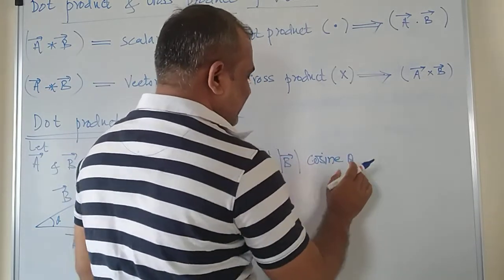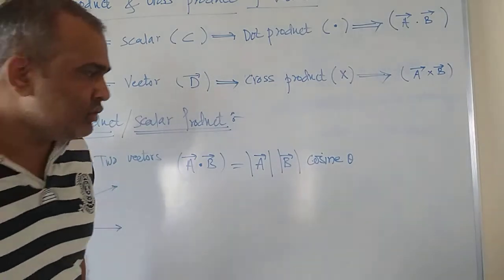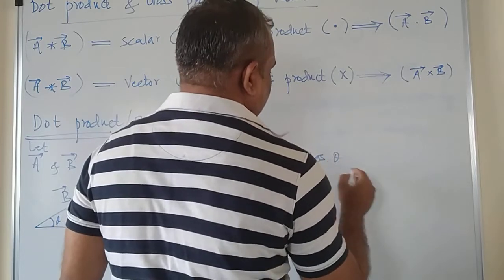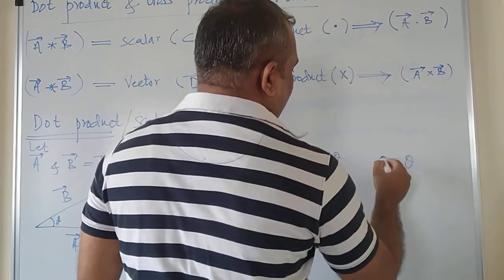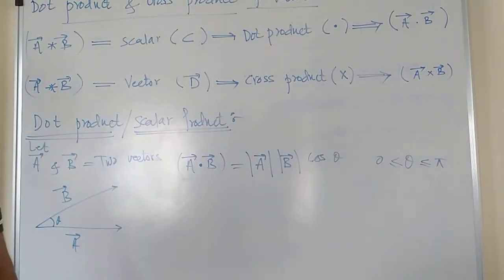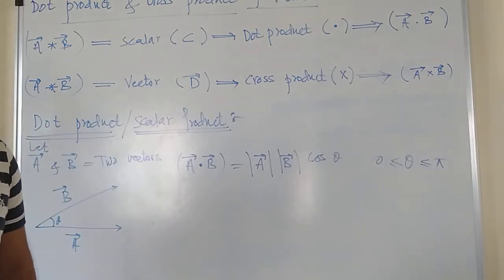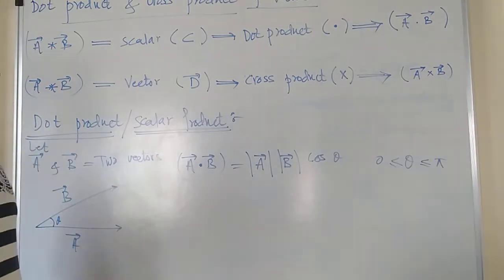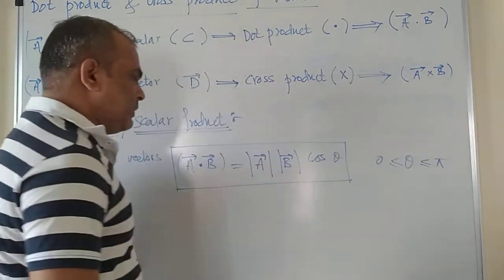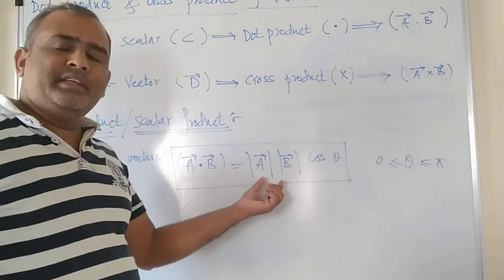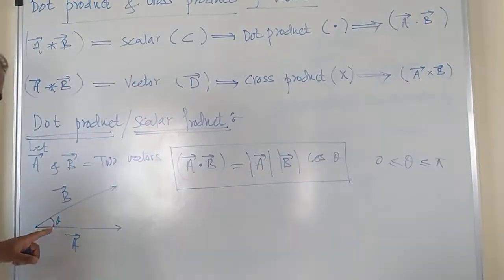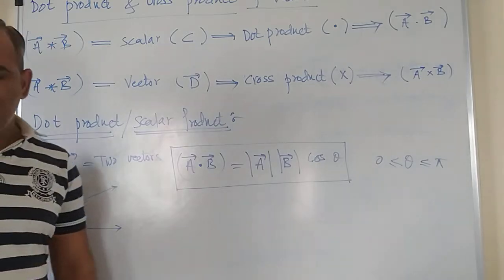Rather than writing the full word cosine, I can write cos theta, where theta has a value greater than or equal to 0 and less than or equal to pi. Got it? So this is the simple definition of the dot product. I'll repeat again what is meant by dot product. The dot product is the multiplication of the magnitudes of two vectors and the cosine of the angle between the two vectors. Hope you understood its definition.